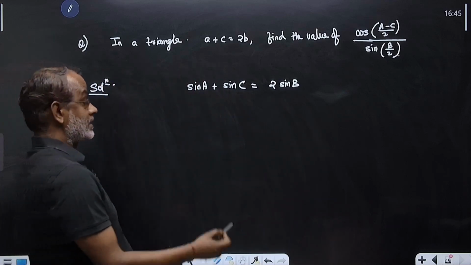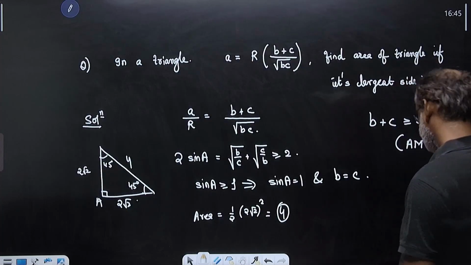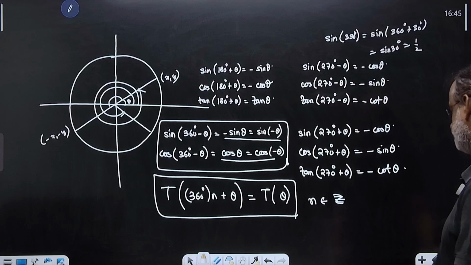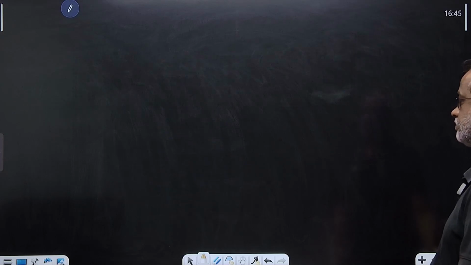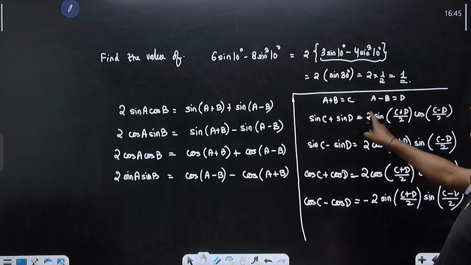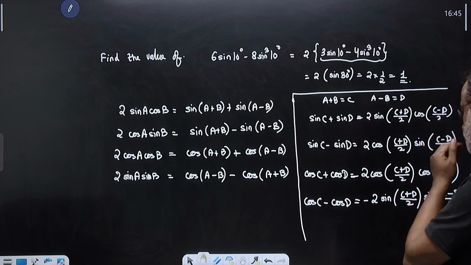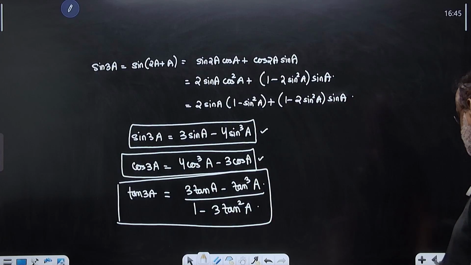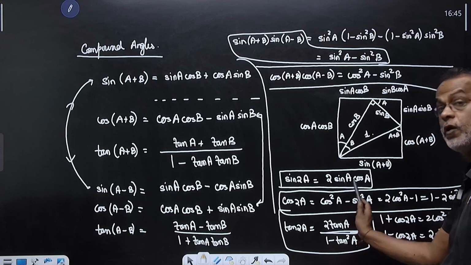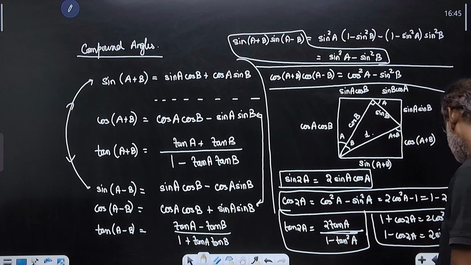So, sine A plus sine C. Sine C plus sine D is 2 sine C plus D by 2 cos C minus D by 2. And also we will use sine 2A is 2 sine A cos A. So, sine A is 2 sine A by 2 cos A by 2.